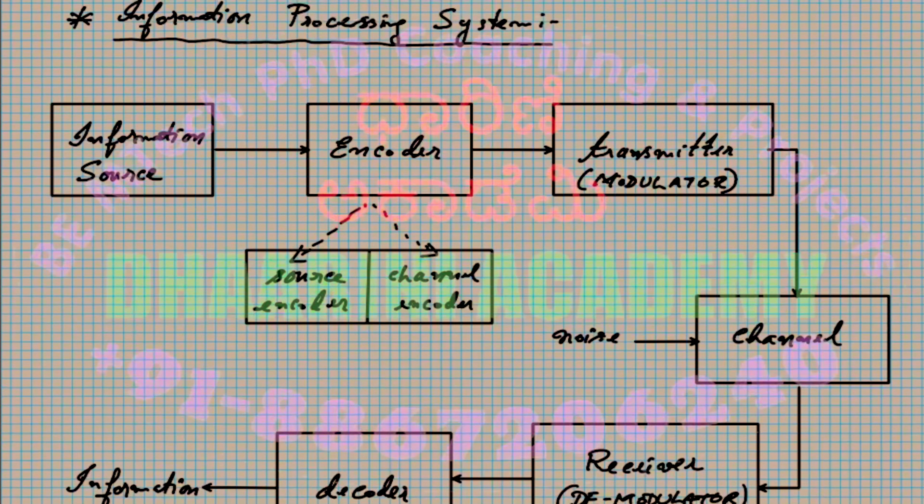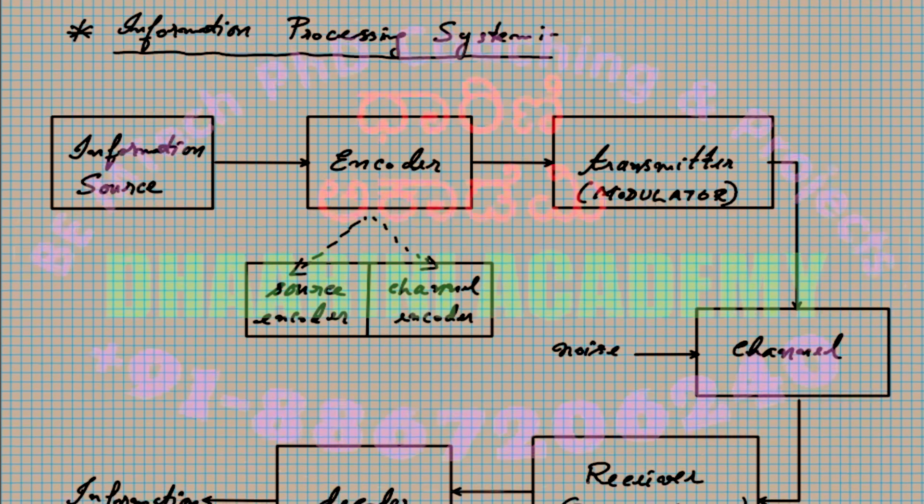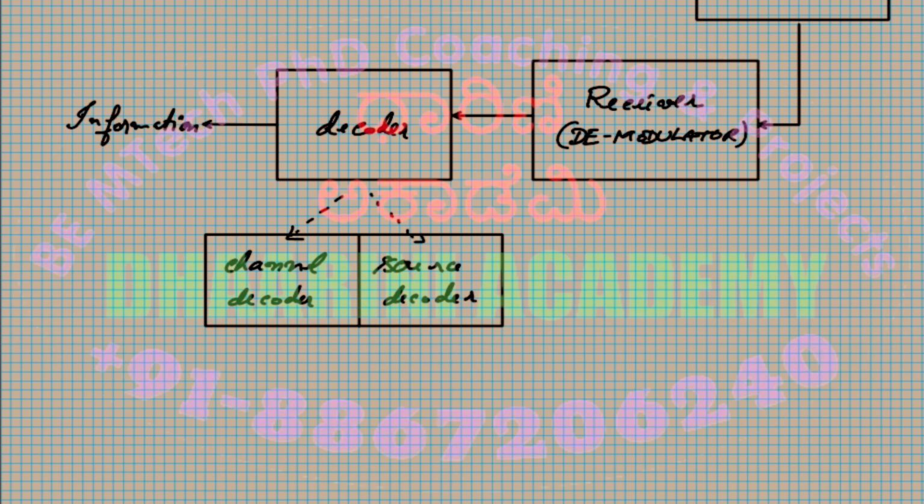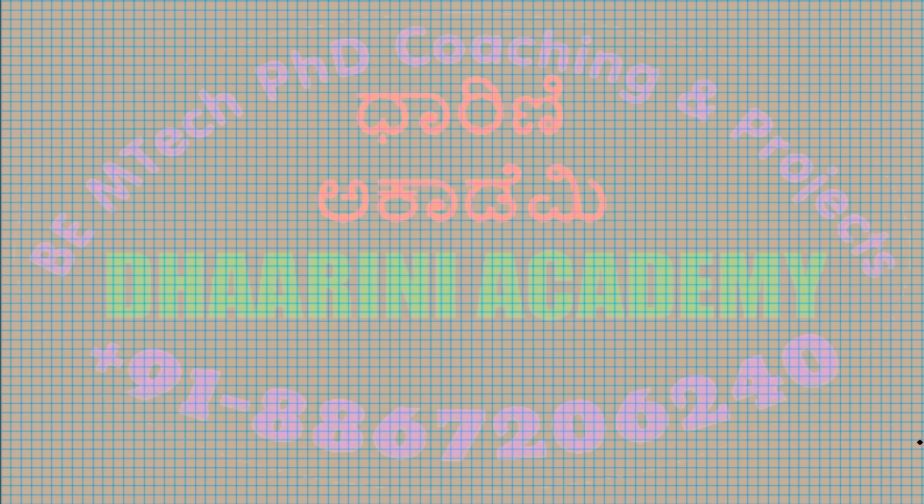Overall, we just have to explain each and every block in one or two sentences to finish the whole concept of what is called the information transmission receiving system, or in general, the information processing system, or simply information system. That's the first normal question that people expect us to explain when it comes to information theory and coding.